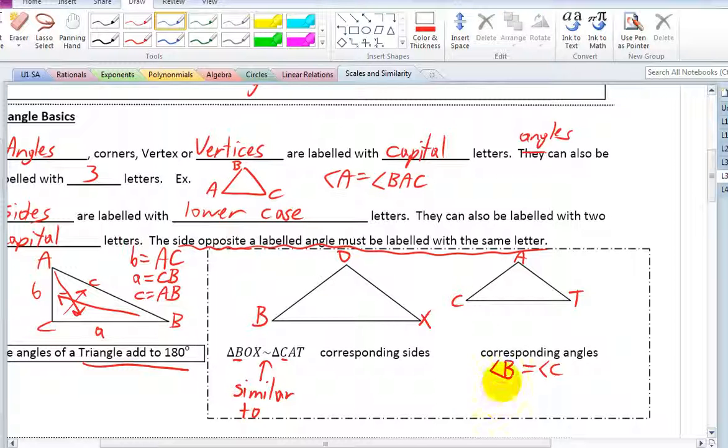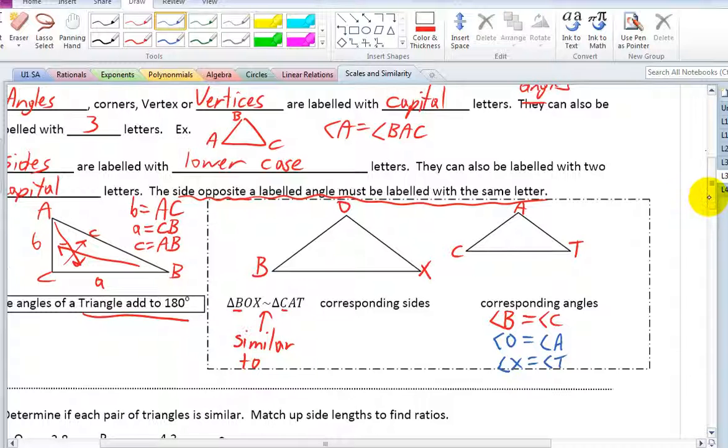So what about angle O? What angle is equal to angle O? Good, because they're the middle letters. What about angle X? Angle T. Now to show that these are equal, we would use the same markings.